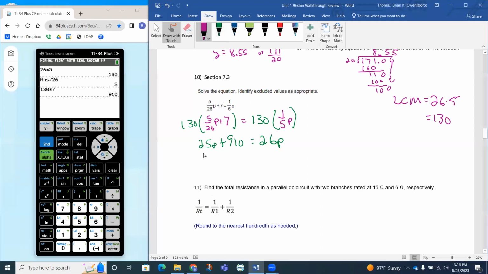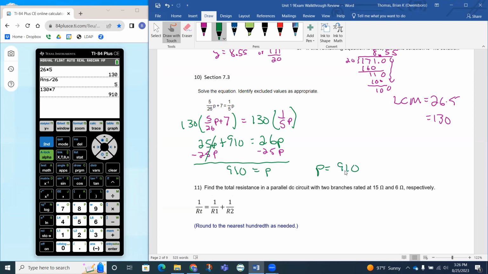The little guy is actually the 25. So I subtract the 25p here, as long as I subtract the 25p over here. So what I do is combine my like terms. Those zero out. I get a 910. And over here, 26p lose 25p would just leave me 1p or p. So that's actually solved. So p would equal 910. That would be the solution.